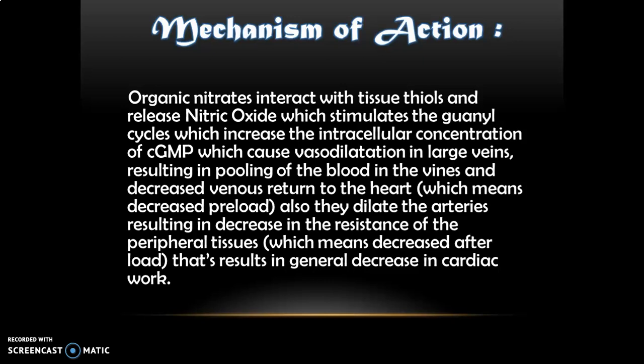Also, they dilate the arteries, resulting in decreased resistance of the peripheral tissues, which means a decreased afterload, and that results in a general decrease in cardiac work. So the major mechanism of action of these organic nitrates is to decrease the cardiac work by decreasing the preload, that is the load on the heart, and the afterload from the peripheral tissues.